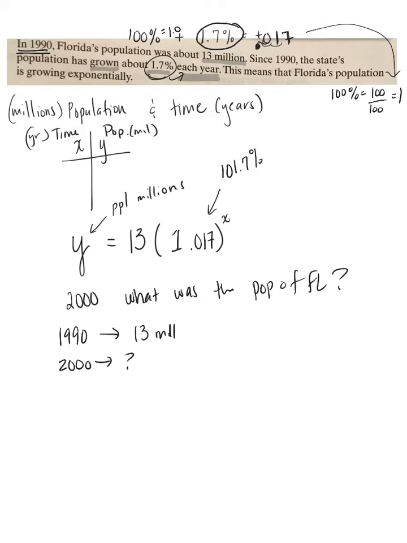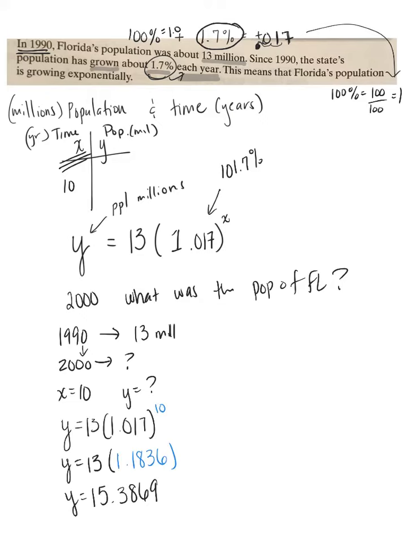How many years have elapsed from 1990 to 2000? Well, 10 years. So again, years in time is my x. So that's my 10. If x equals 10, what is y? Well, let's plug my 10 in for x, and what do you get? Hopefully you followed through your steps here, and you started by plugging your x value of 10 in for your x value right up here.